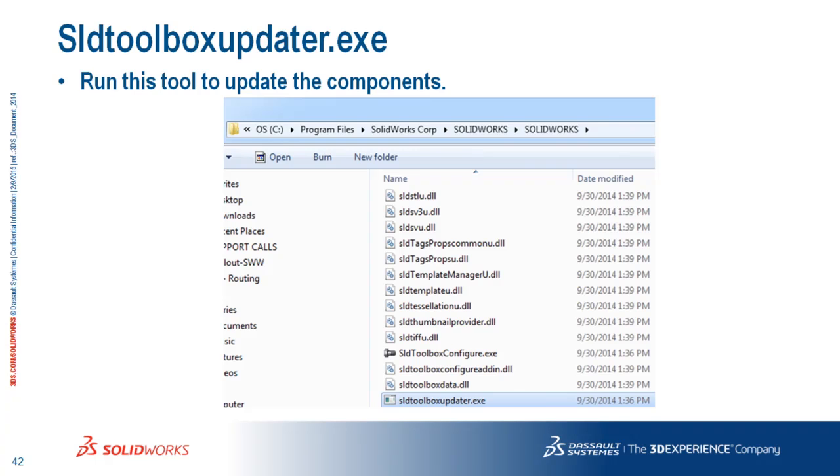So then the last tool we run is in our SOLIDWORKS installation folder again, program file, SOLIDWORKS Corp, SOLIDWORKS. Mine has 2 of them on there because I'm running multiple versions. But it would just be SOLIDWORKS Corp, SOLIDWORKS. And in that main root folder, you'll see SOLIDWORKS Toolbox Updater.exe.